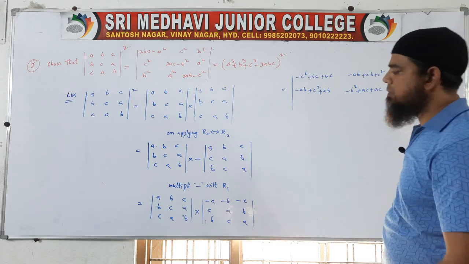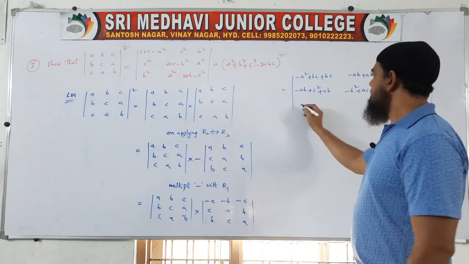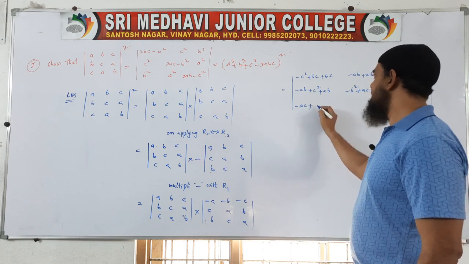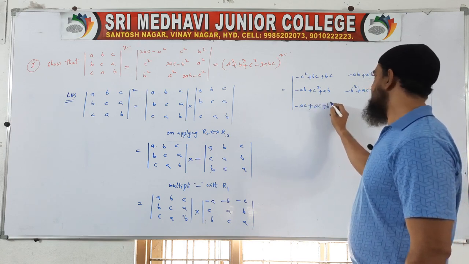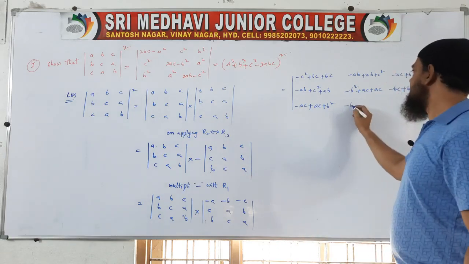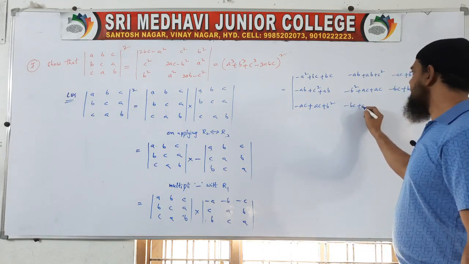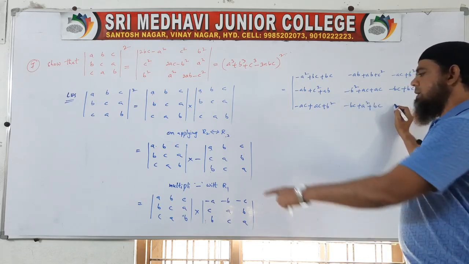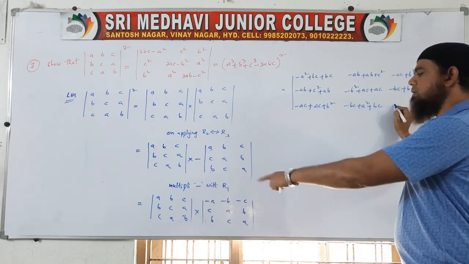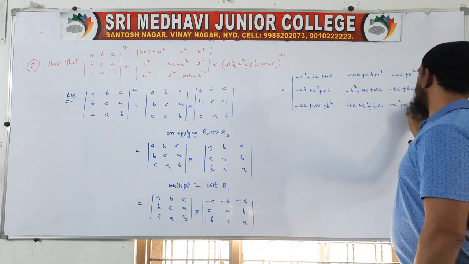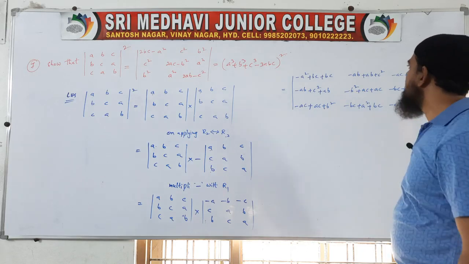Now the last row, sorry, C, A, B. So that is minus AC plus AC plus B square. C into minus B, that is minus BC, plus A square, plus BC. Third row, third column: C into minus C square plus AB plus AB.